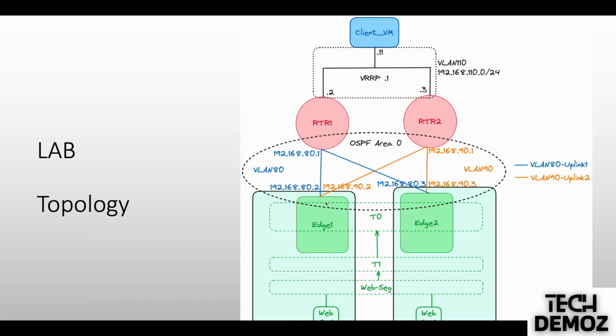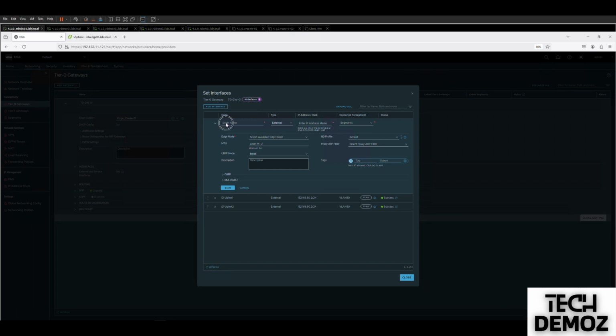Now we have configured these two. Now we need to configure this for this edge. So edge 2 uplink 1, 192.168.80.3/24, VLAN 80. Now we need to pick the edge 2, save.